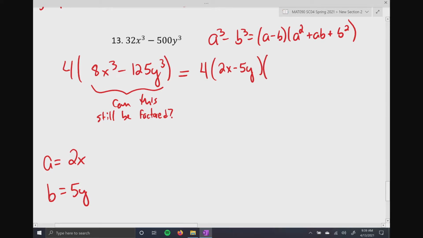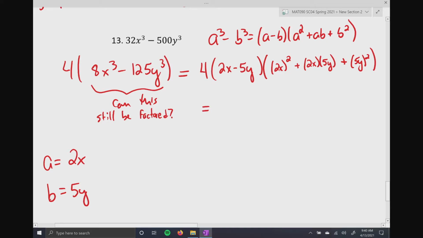Now, remember, you make the substitutions, put it in parentheses first. So I'm going to get the quantity 2x squared, plus 2x times 5y, plus the quantity 5y squared. Okay? This is by far the hardest part, just writing it neat.